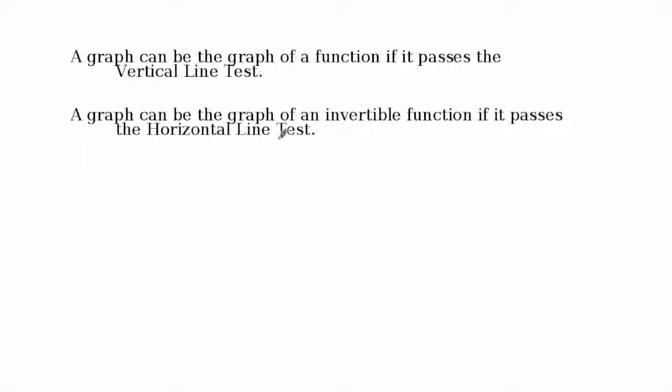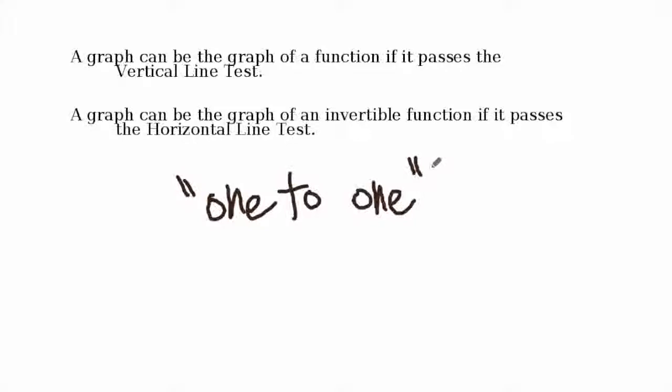There's a fancy name for an invertible function: it's called a one-to-one function. You don't need to get too hung up on the name, but the best way to think about why it's called one-to-one is to go back to the tabular method of thinking about functions.